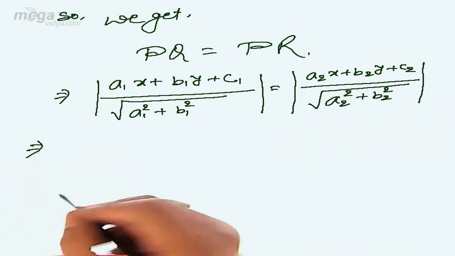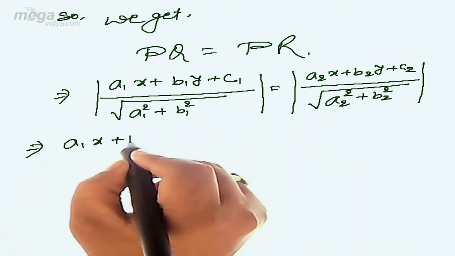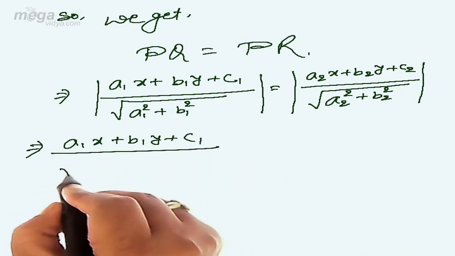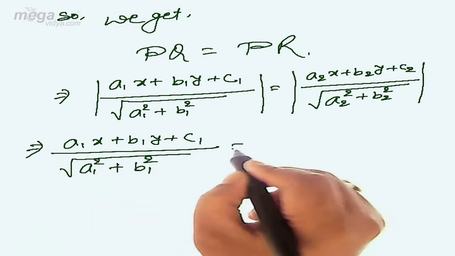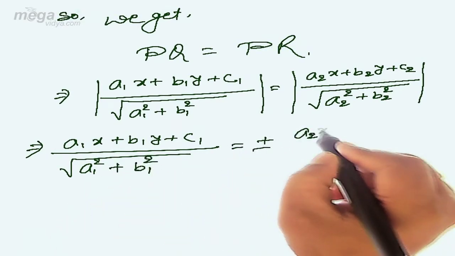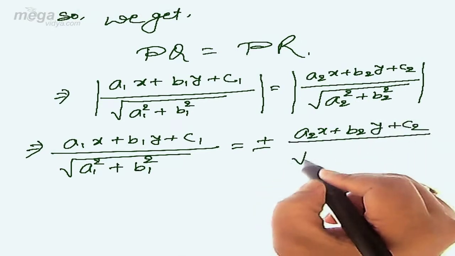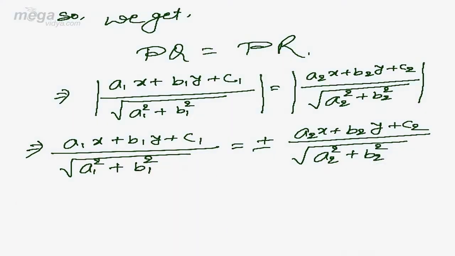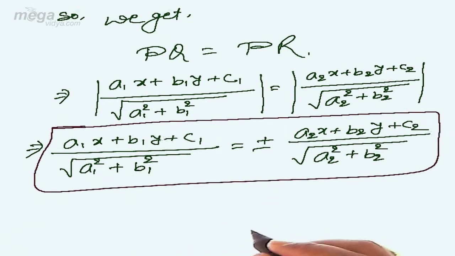When you remove the modulus sign, you get (A1x + B1y + C1) / root(A1² + B1²) = ± (A2x + B2y + C2) / root(A2² + B2²). And this is the formula to calculate the angle bisector.